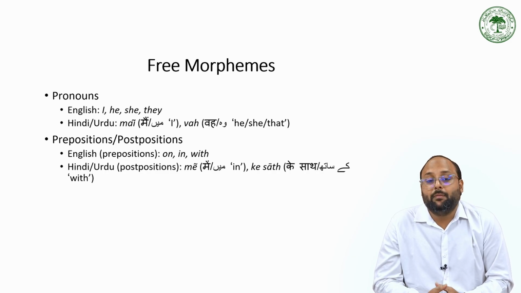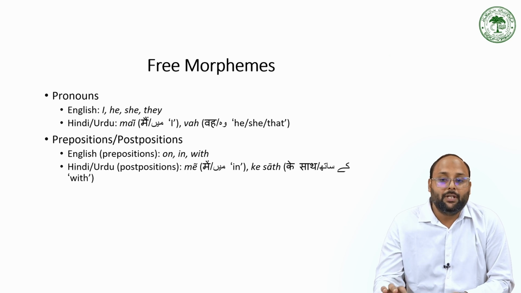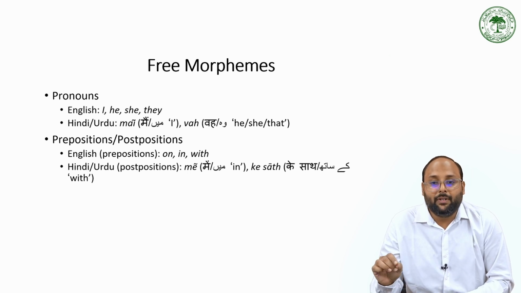The English examples are on, in, with, and the Urdu examples are mein, ke saath, ke neeche, upar. All these come under postposition in Urdu. They are called functional morphemes, not lexical morphemes. They fulfil the grammatical requirement in a sentence, not giving content meaning.